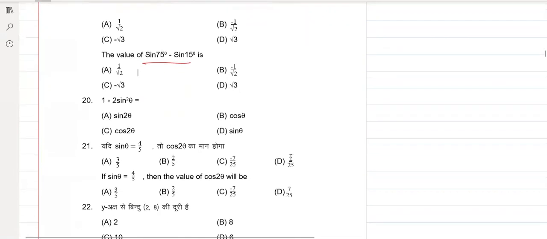So let us solve this. All right, so sine of 75 degrees is sine of 45 plus 30 degrees, minus sine of 45 minus 30 degrees. This is for the sine 15.